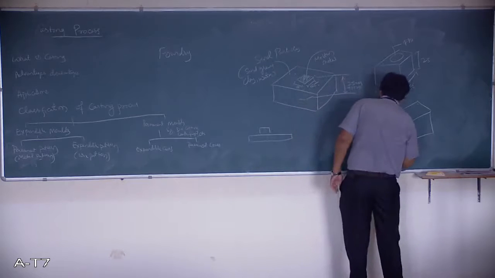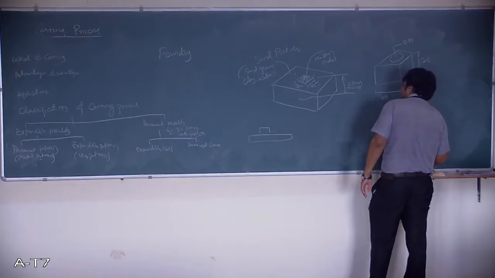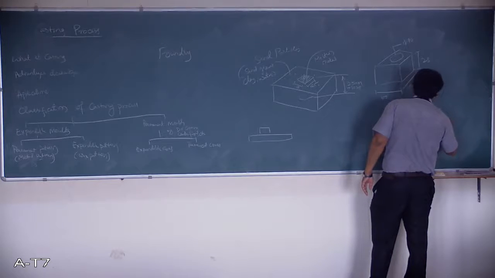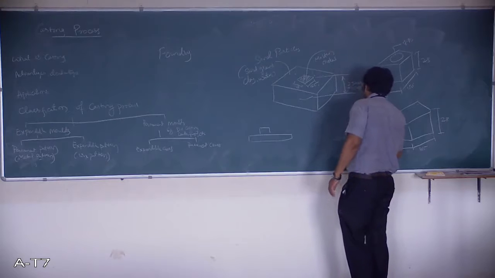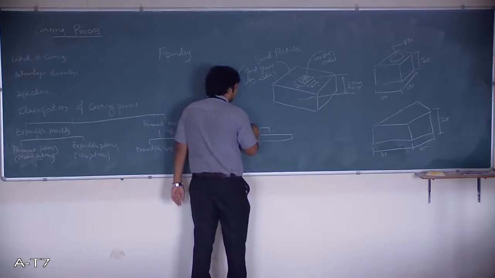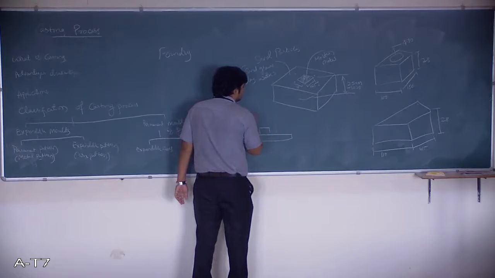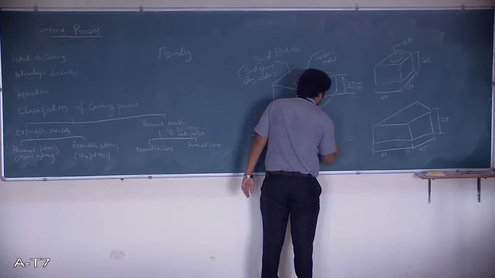So this will be 110, this will be 165 and this will be 28. In this case it is considered to be a wooden pattern. It is put on the bench and there will be a metallic box, a hollow box like this.